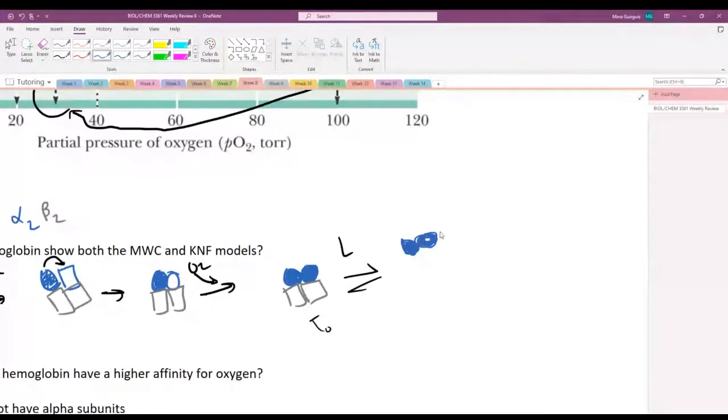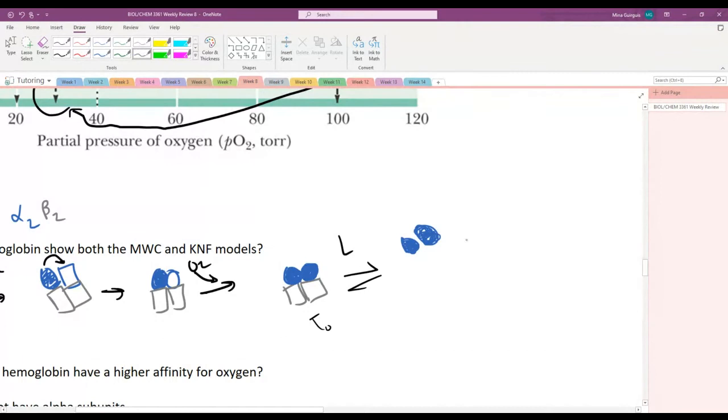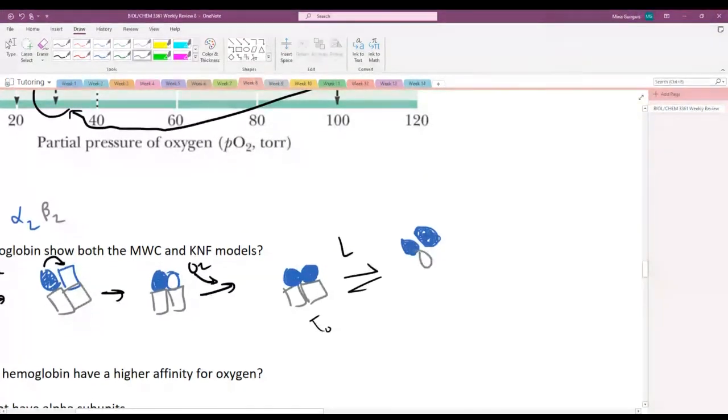That's a very poor drawing. My two bound alpha subunits, which are still not looking very good, and my two beta subunits now as circles. So why are they circles? Because they've now increased, so both of them had that change.